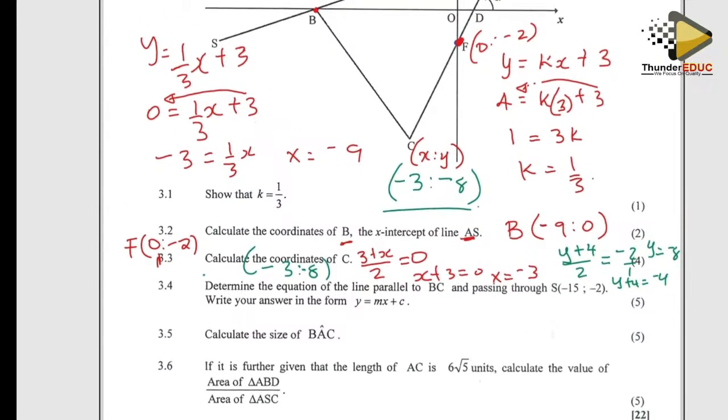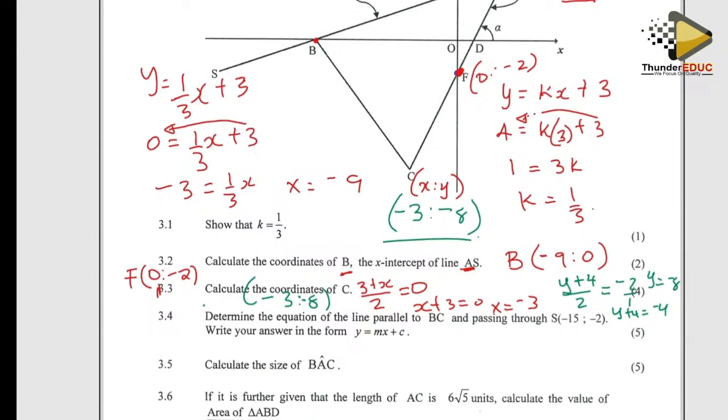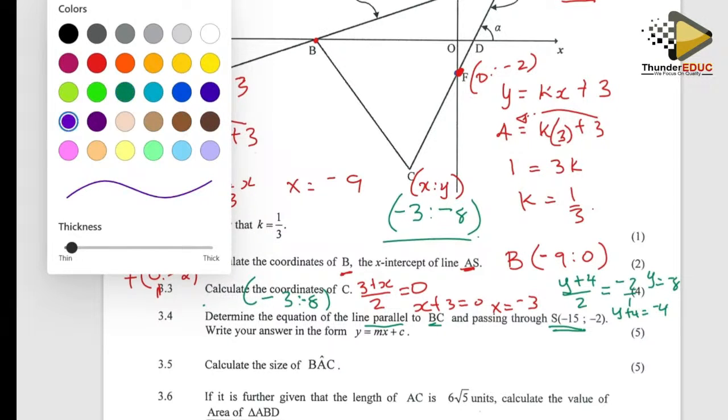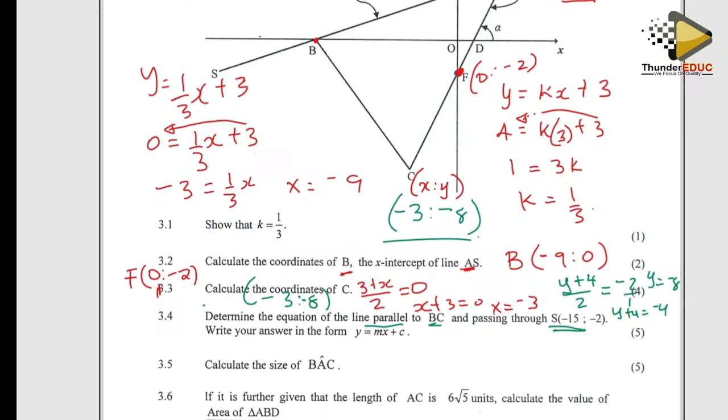Then 3.4, they want the equation of a line that is parallel to BC and passing through S. So if I use a different color, we have another line that is passing through S, but it is parallel to BC. One thing I need to know is that for as long as I have parallel lines, their gradients have to be the same.